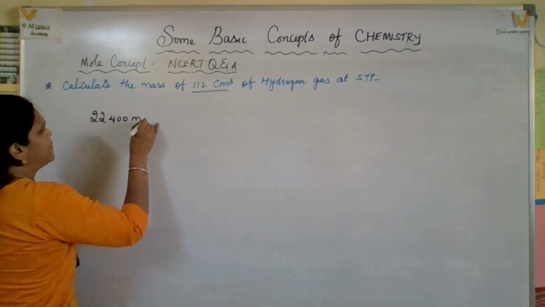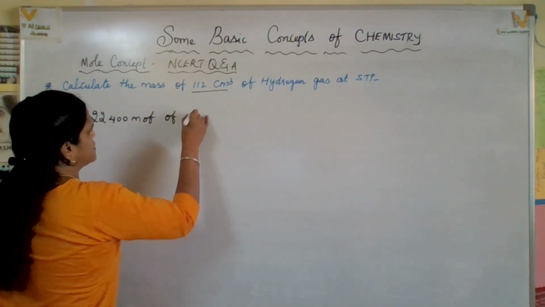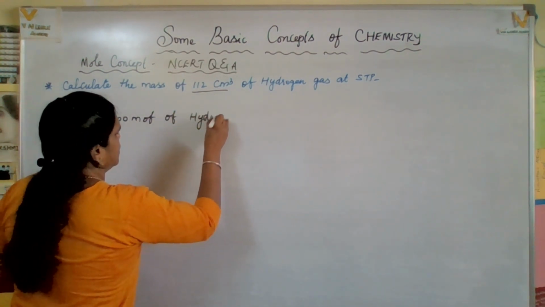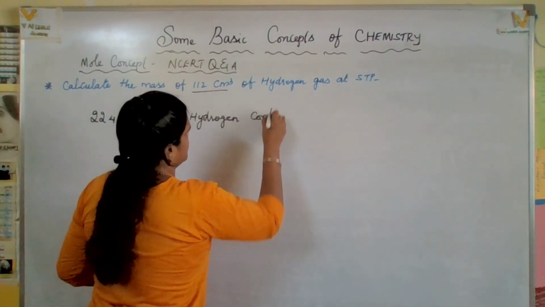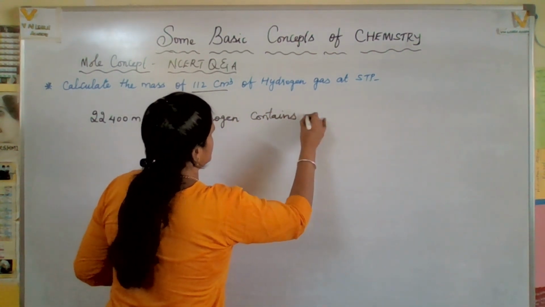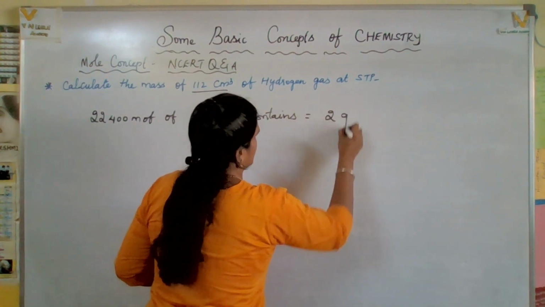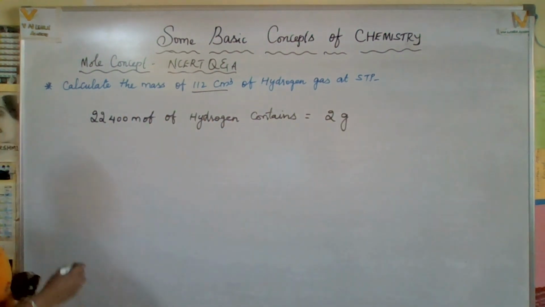22,400 ml of hydrogen contains a mass of how much? 2 grams, right? H2 is 2 grams, right?